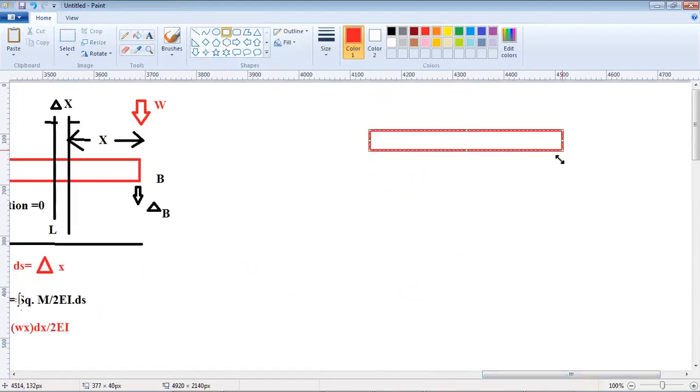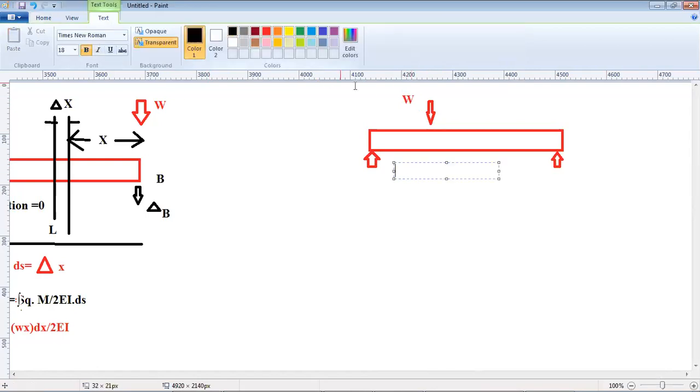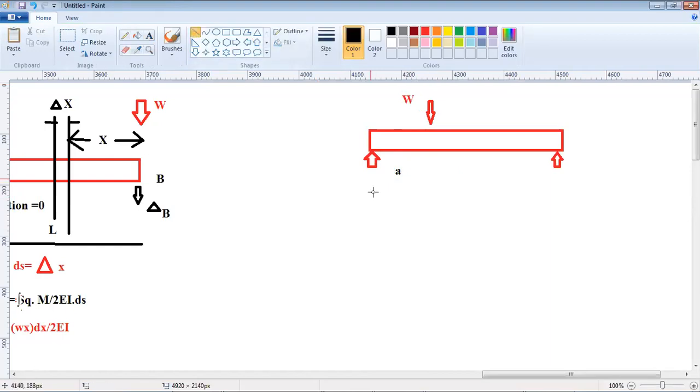Similarly, you can take another example which you will do yourself. This is a simply supported beam. You will have to do this question yourself, and we are applying a load W at a distance of A from one end and B from the other end.